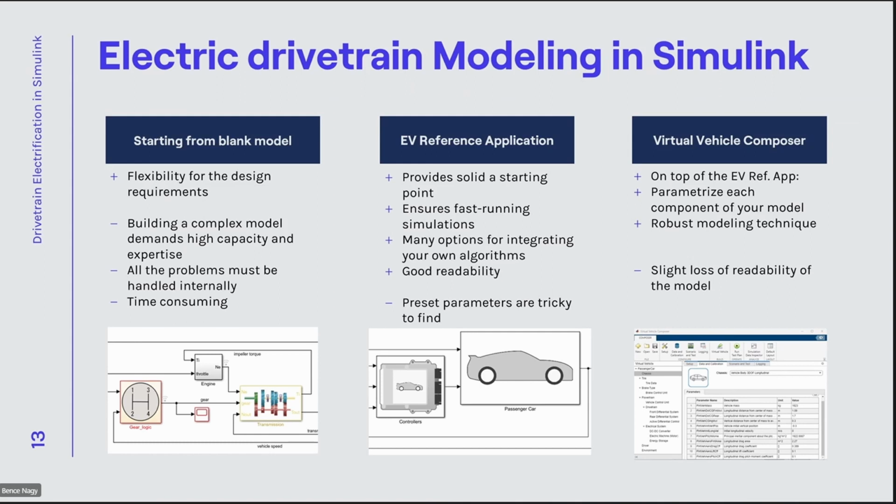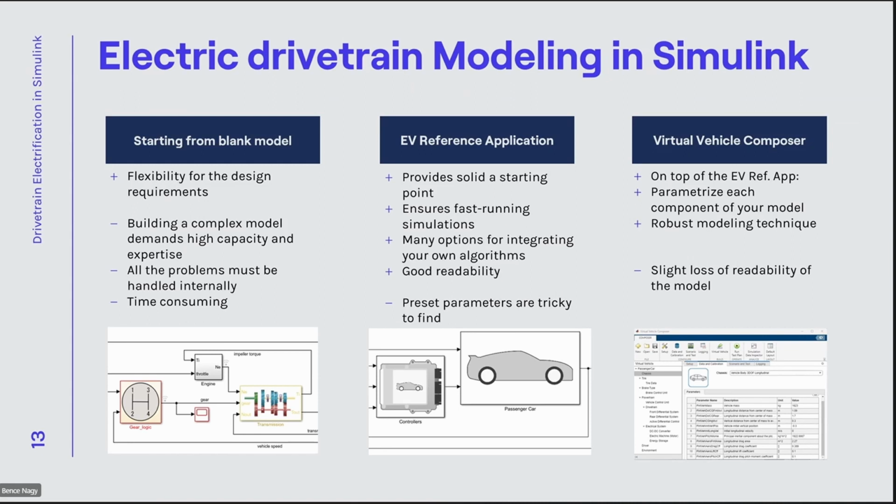It also comes with a really good user interface, so you can use this interface to do everything in a user friendly way, and you can change everything there. And of course, nothing is perfect. With this robust modeling technique, you lose some readability of your model, but this is really not critical.